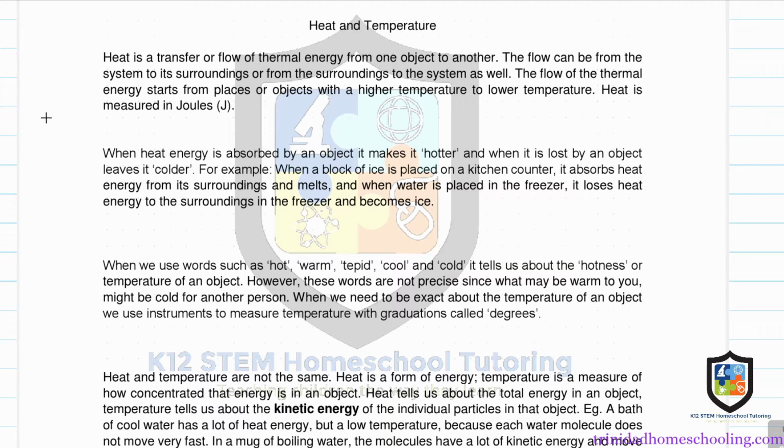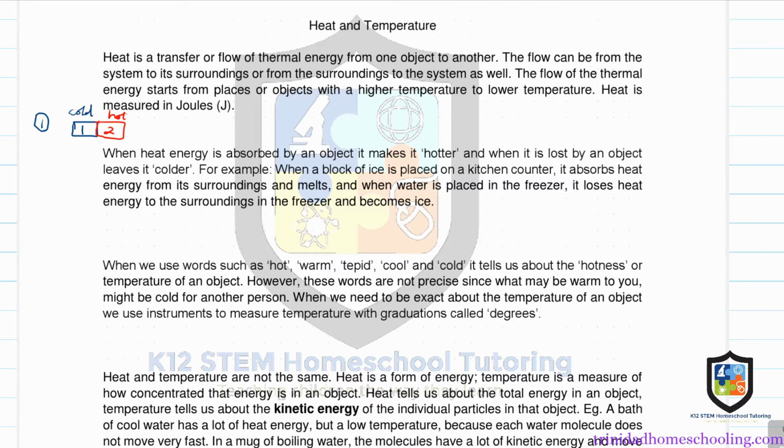So let's take a look at these three scenarios. We have heat being moved from one object to another. So suppose we had one object here, so that's my object 1, and I have another object that's touching that object, that's 2, and this one here is hot, and this one here is colder.